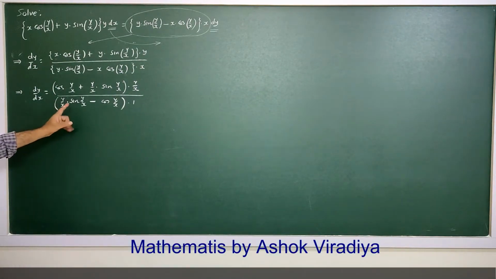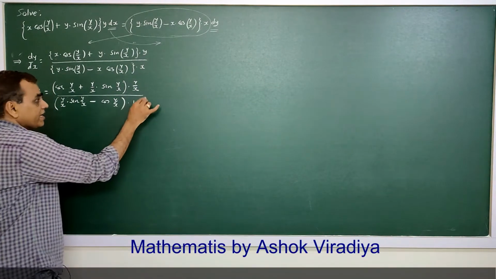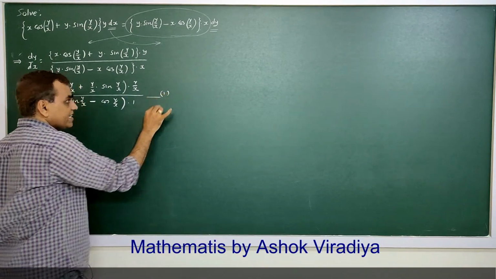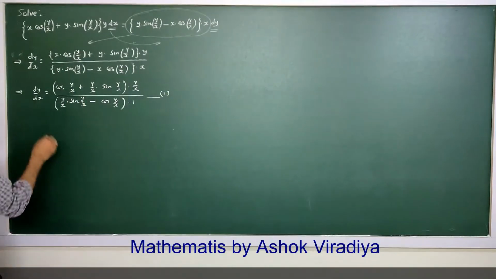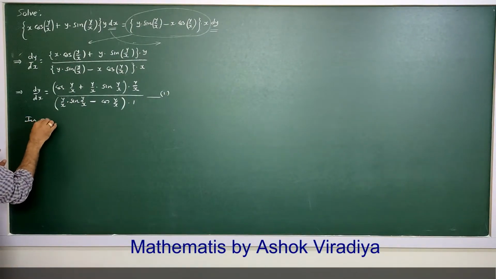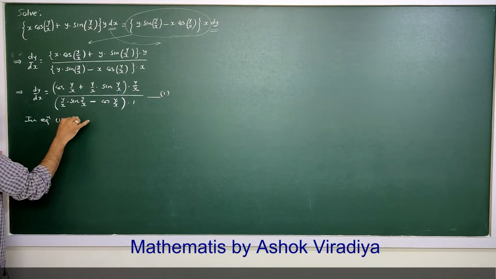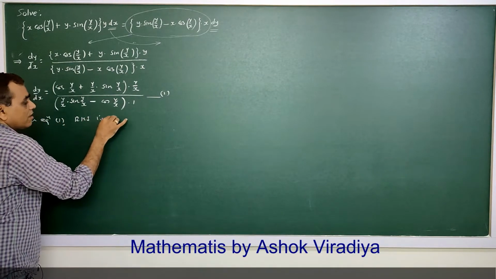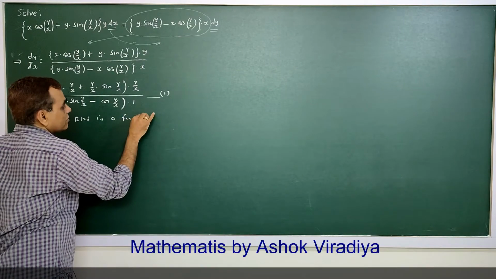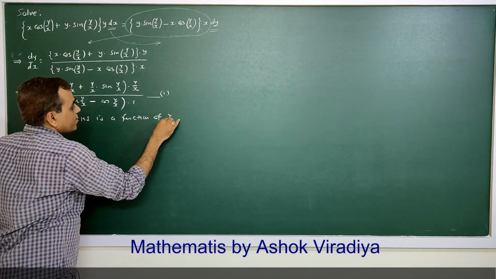Now you can see that the right hand side is completely a function of y by x. So in equation 1, the RHS is a function of y by x.